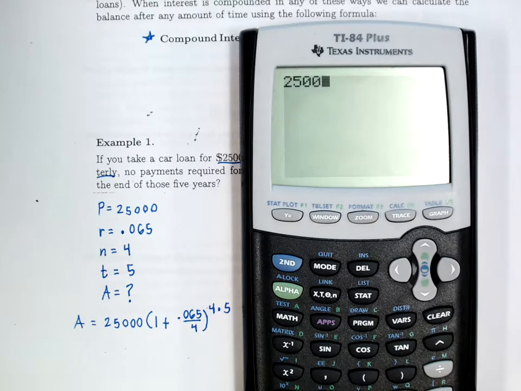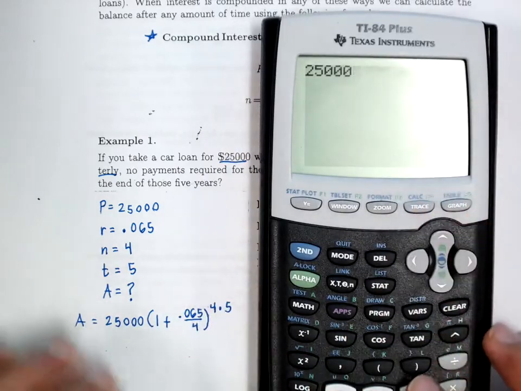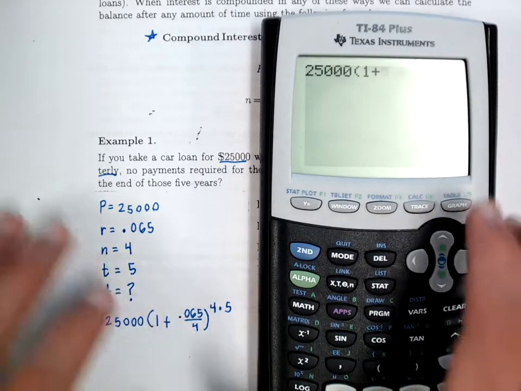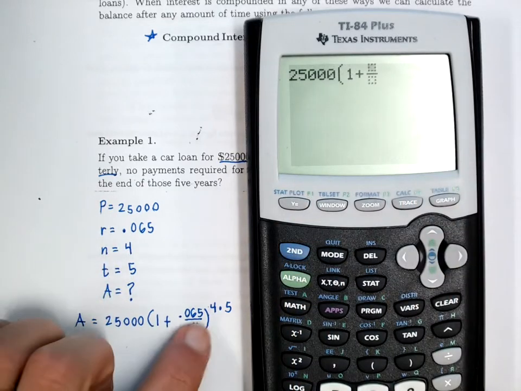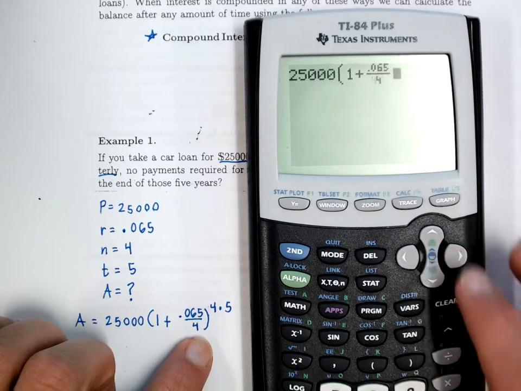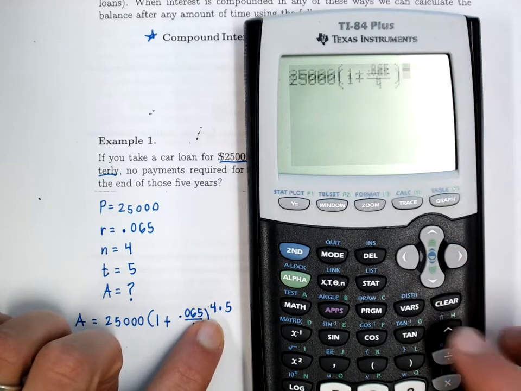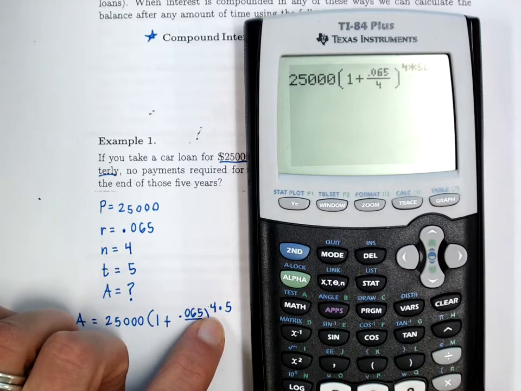So we have 25,000, okay, not 2,500, 25,000, and then we're going to write 1 plus, remember to write a fraction, you press alpha y equal. And then we have 0.065 over 4. And up here you can put it to the power of 20 or 4 times 5. It doesn't matter as long as you do it right.